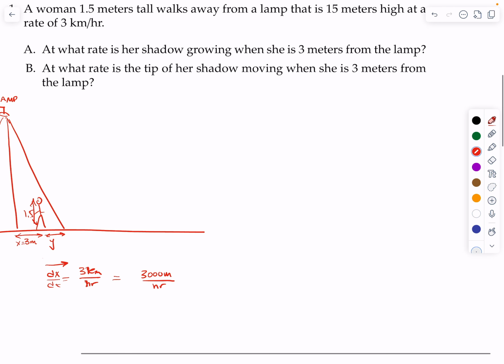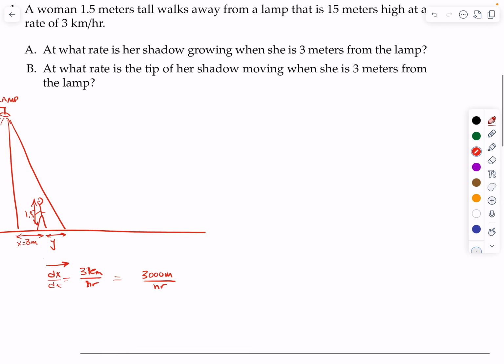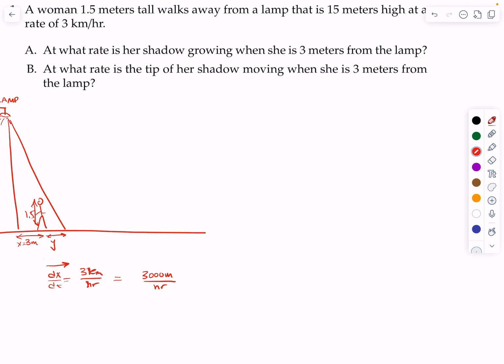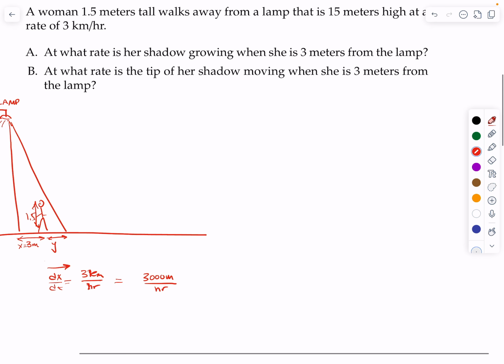And we want to know what the rate of the shadow growing is. How fast is the shadow growing when she is 3 meters from the lamp?